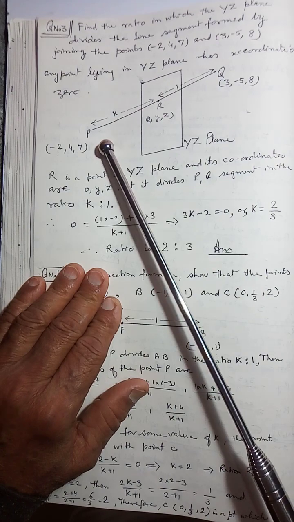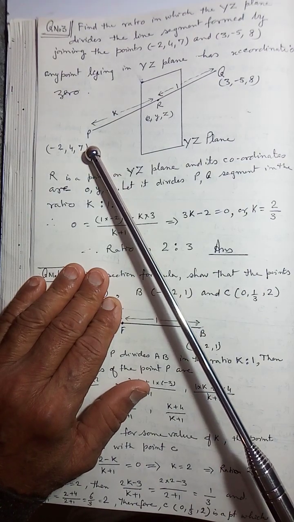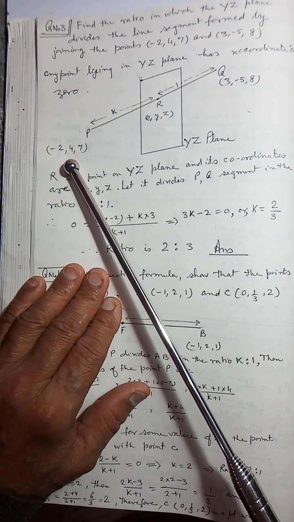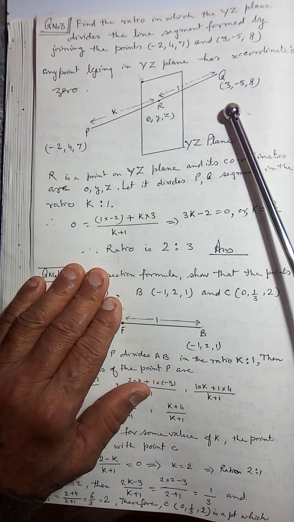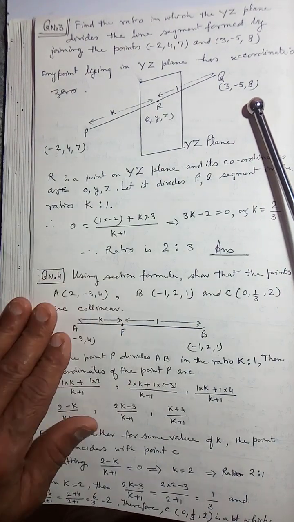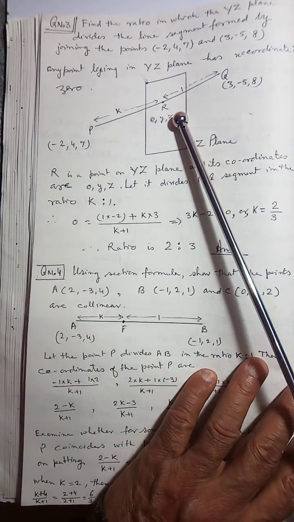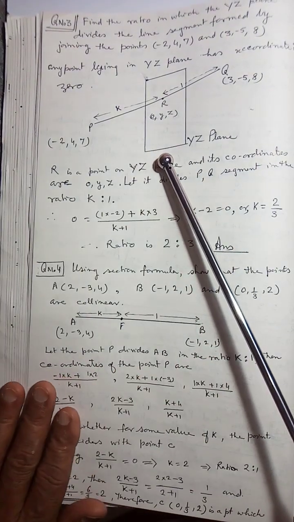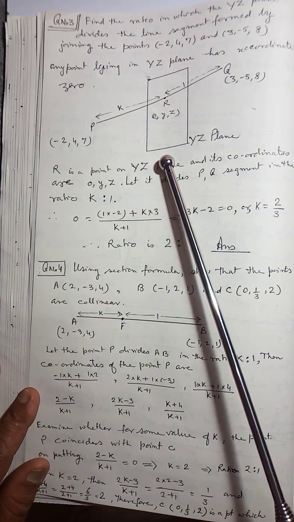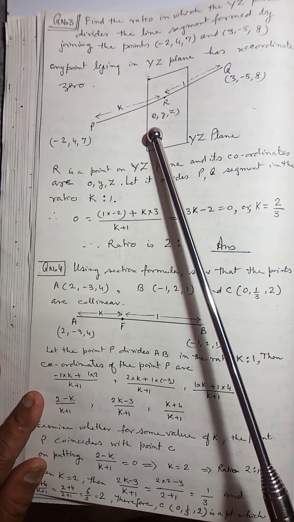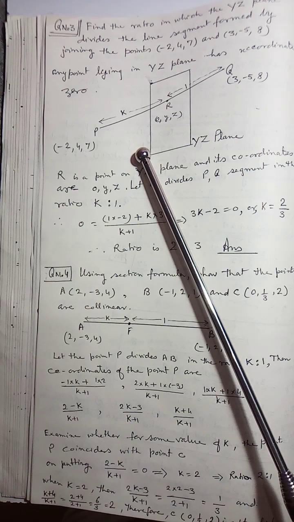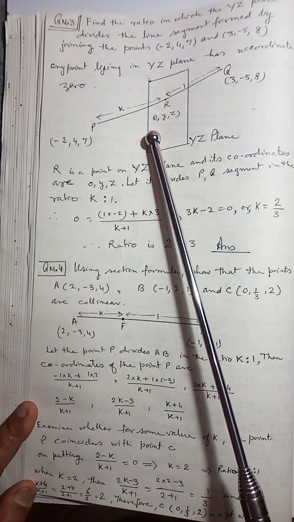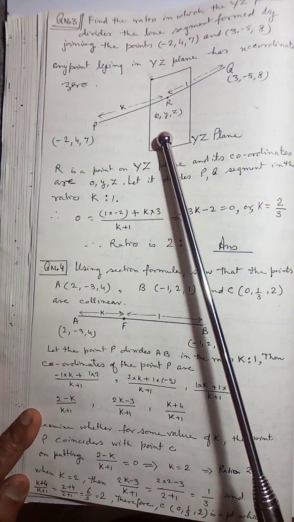P and Q are the two points. The coordinates of P are (-2, 4, 7) and of Q are (3, -5, 8). Now the YZ plane does not have any point pertaining to the x-axis, so the x coordinate will be 0 in the YZ plane.